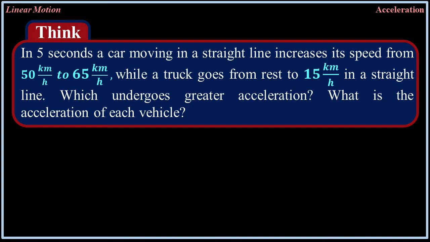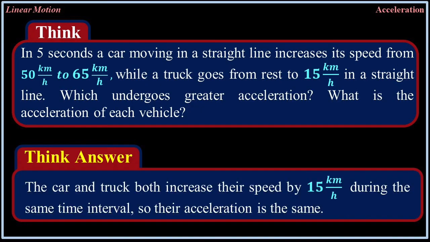Which undergoes greater acceleration? What is the acceleration of each vehicle? So, points to ponder. The car and truck both increase their speed by 15 kilometers per hour during the same time interval. So, their acceleration is the same.